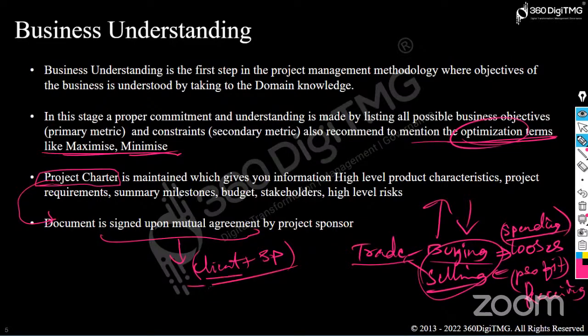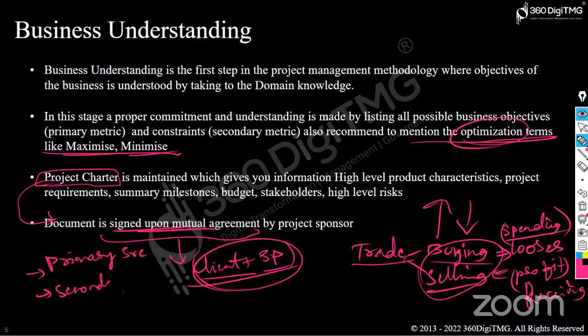So hence, it is more important for the client as well to have an agreement. Why? Because at the end of the day, if you are understanding the data, you just need to understand whether the data is from a primary source or a secondary source. So what is a primary source all about?